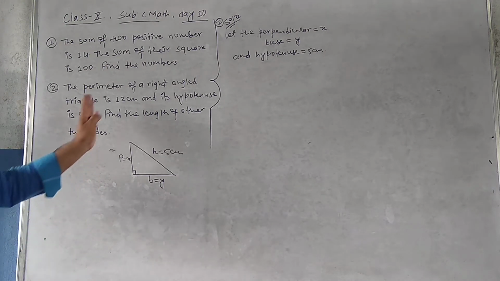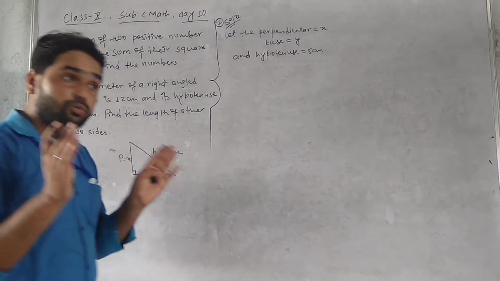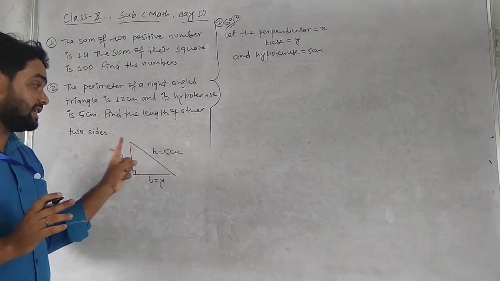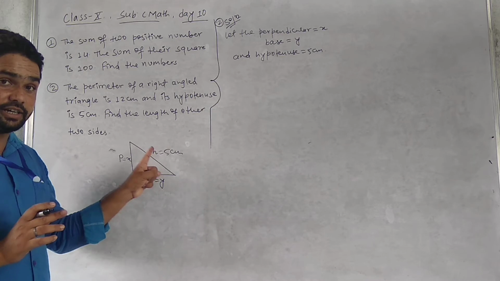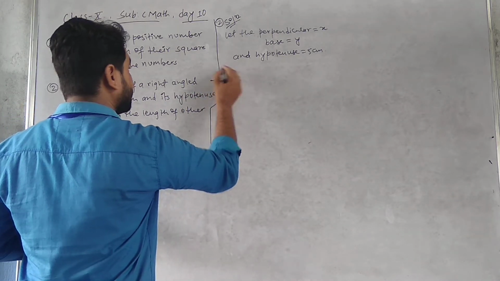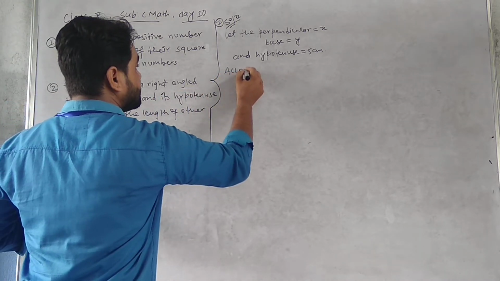Now according to the question, the perimeter of the right angle triangle, and as we know that perimeter means the sum of all sides, and here it is a triangle, that's why 3 sides are there. So perimeter from the first condition, according to the question, we can write.